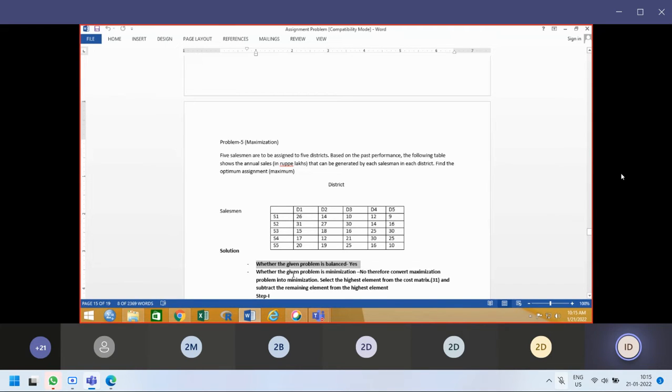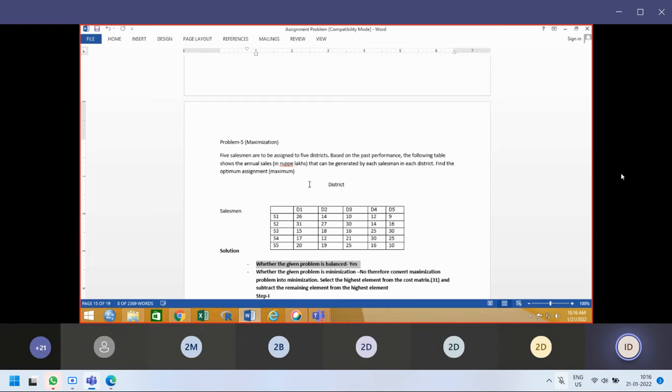Second condition, whether the given problem is minimization or not. There is no minimization word, because the maximization word is there. Therefore, the given problem is a maximization problem. Now again, our task is to convert this maximization problem into a minimization problem.